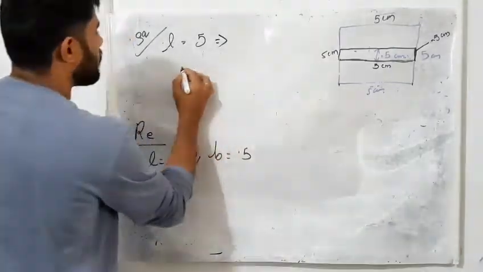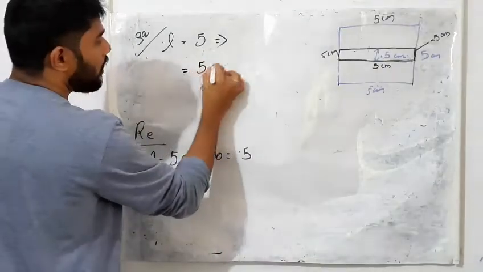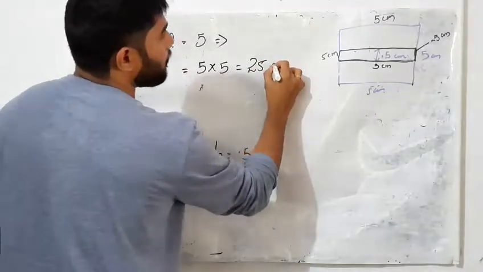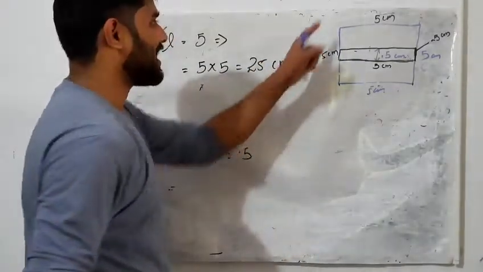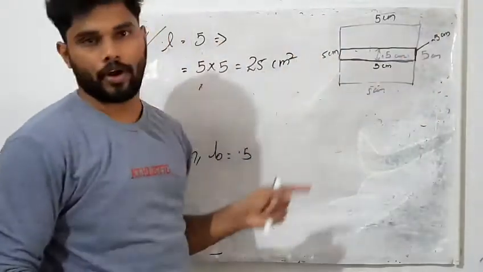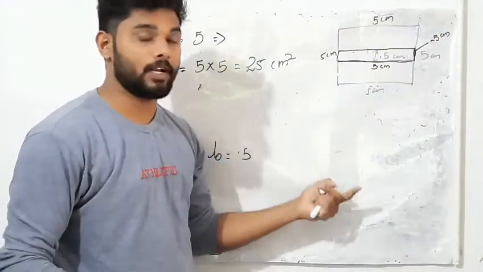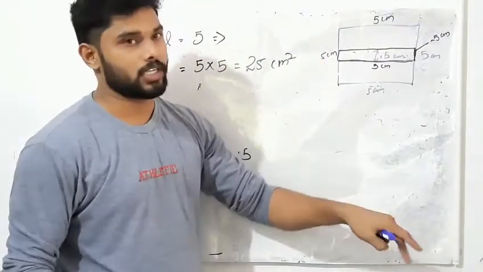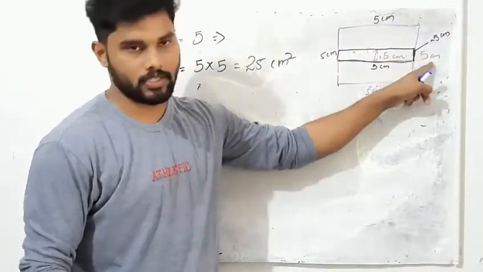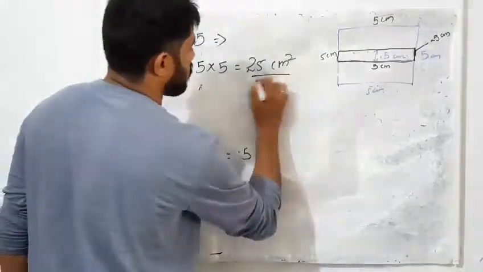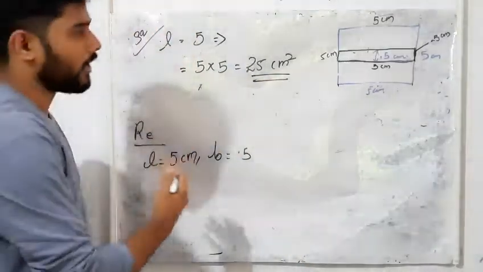So one side is 5. 5 into 5, 25 centimeter square is the area of this square. Understood? How can we find the area of a square? Side into side, that is the equation. One side is 5 centimeter, another side also 5 centimeter. 5 into 5, 25. Understood? 25 centimeters square. We got the area of the square.